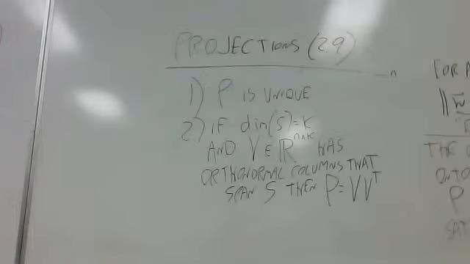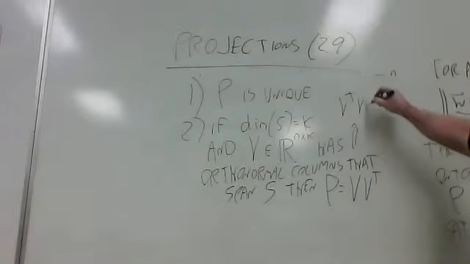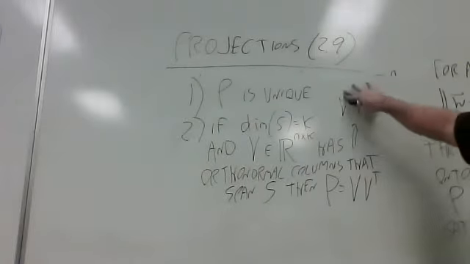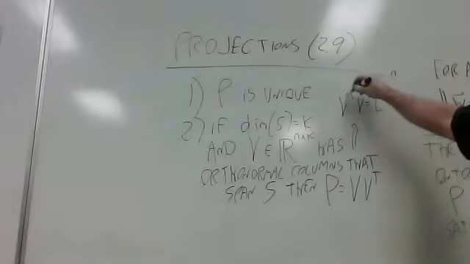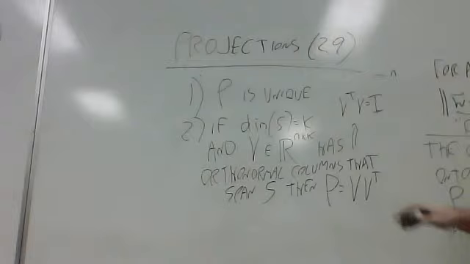Now, one thing to keep in mind: if you have a matrix that has orthonormal columns, like this matrix V here, I can say that V transpose V is identity, the K by K identity. But you cannot say the same about V V transpose. That is generally not identity.